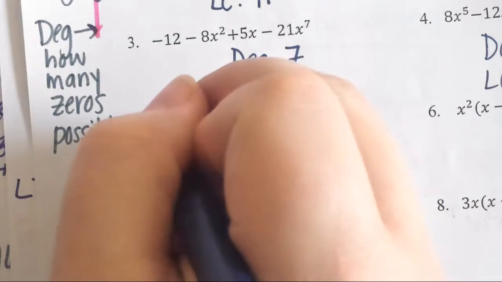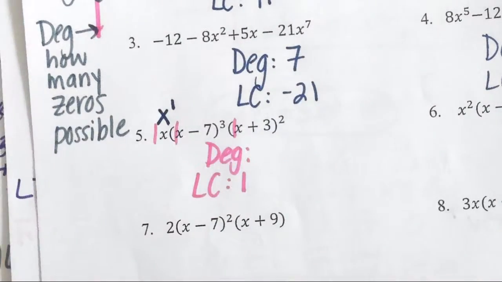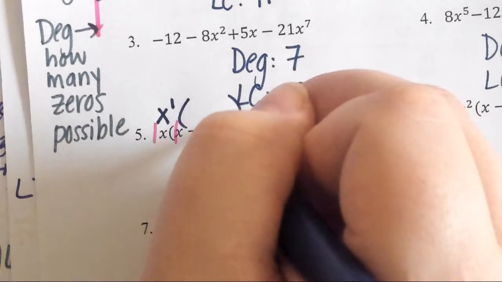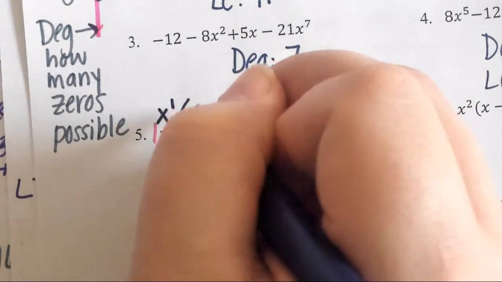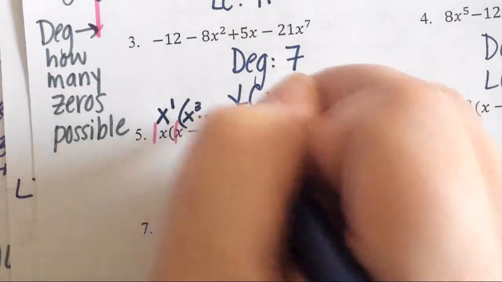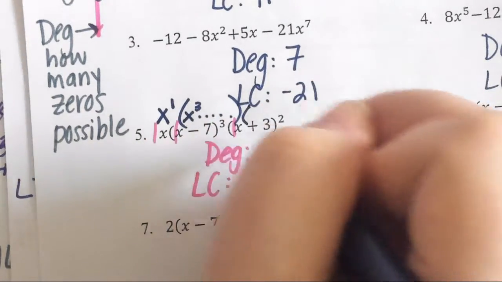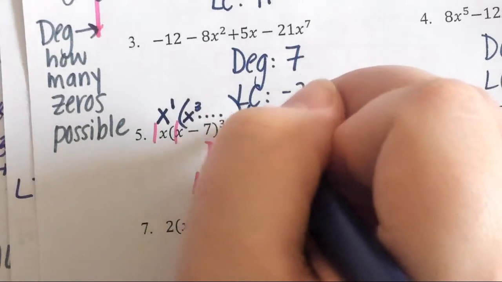Okay, I know this one is x to the 1. I know when I actually factor this bad boy out, that first term, the highest it's going to be is x to the 3rd. And I know when I factor this last bad boy out, the highest it's going to be is x squared.